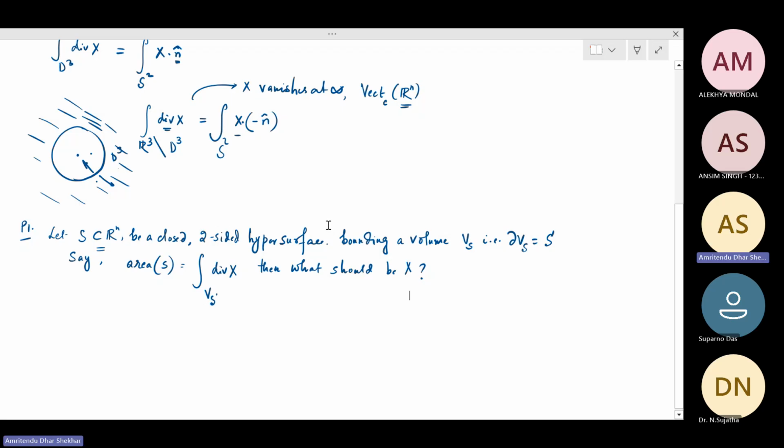Okay, any ideas how to solve this? Since nobody is answering, let me solve the problem. If you know the answer, then do not hesitate to share it, because then you know that what you're thinking is basically right. If you don't know the answer, then it's fine.